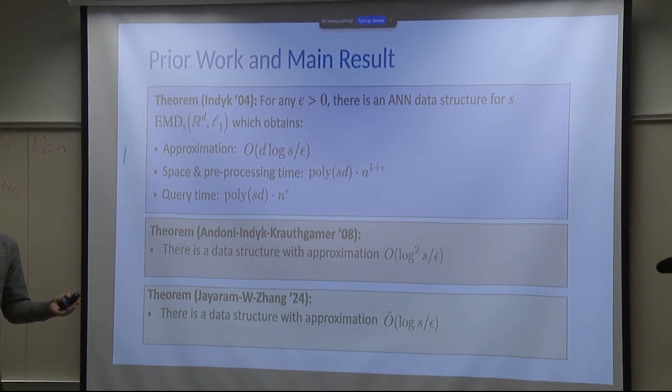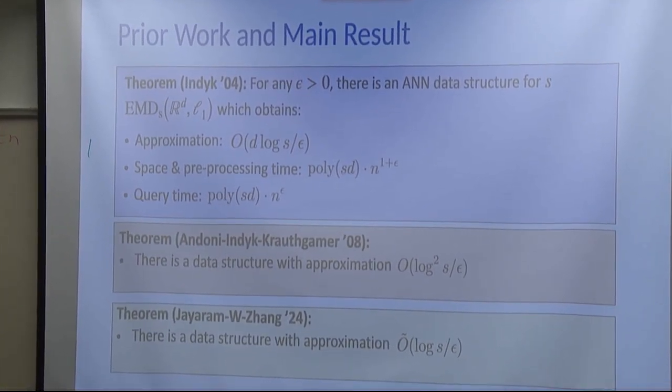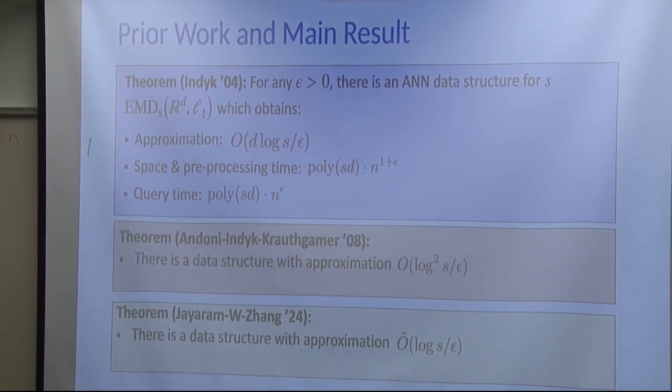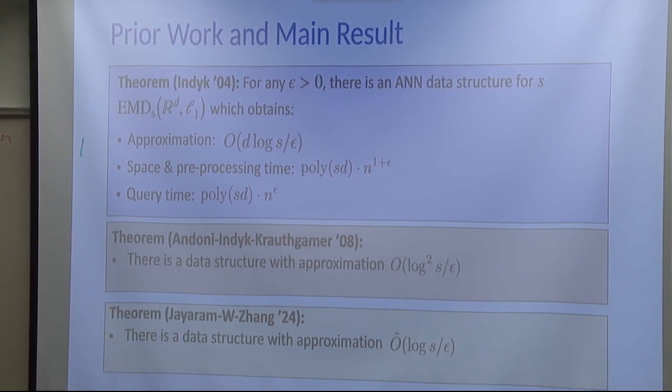So the short story is that this metric space, the earth mover distance, is significantly harder than, say, the L1 or the L2 distance, and that's reflected in the approximation that we can achieve for efficient nearest neighbor search data structures.